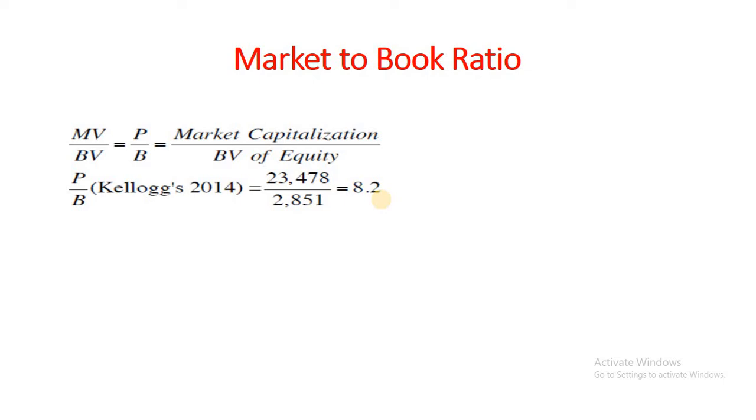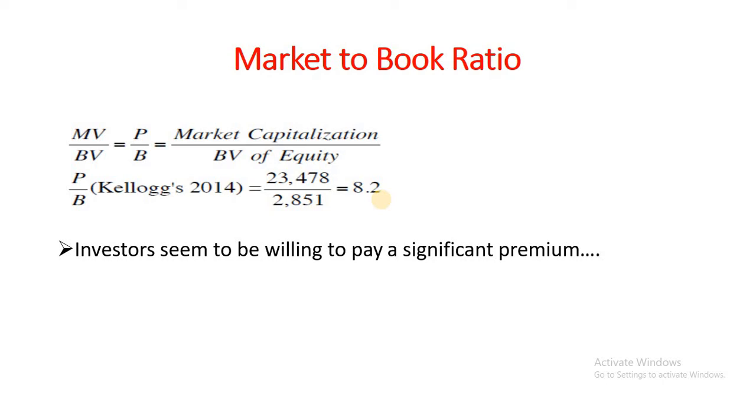Now the question is, why is Kellogg's market value of equity much higher than its book value of equity? The reason could be investors are willing to pay a significant premium. It might be because investors believe that Kellogg's will do much better in future.